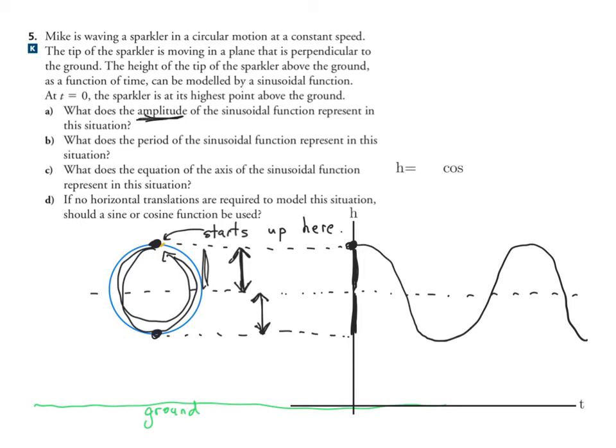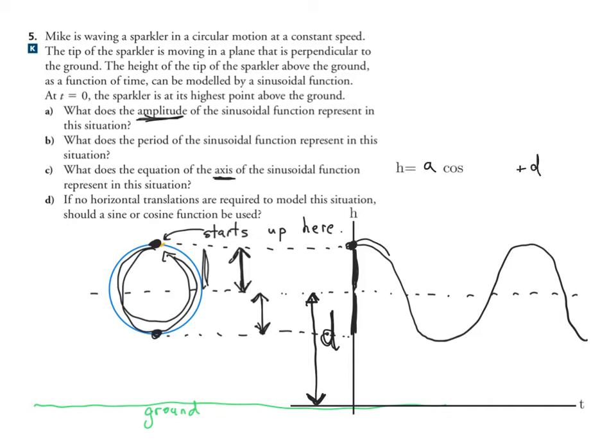Now specifically the amplitude would go here, amplitude. The height off the ground of the middle, so we would call that the axis of the curve. So let's call that d, distance from the ground of the middle. So that would be plus d over here.